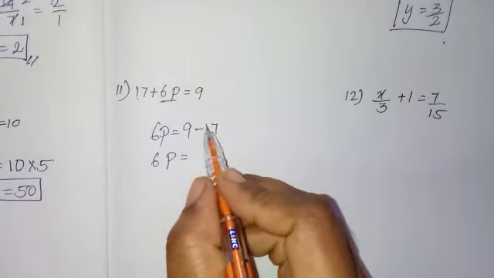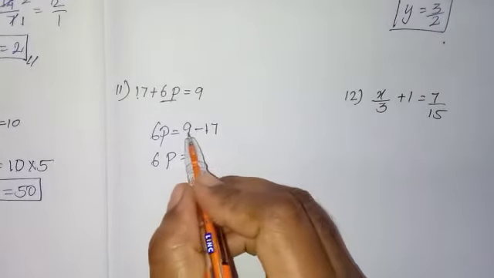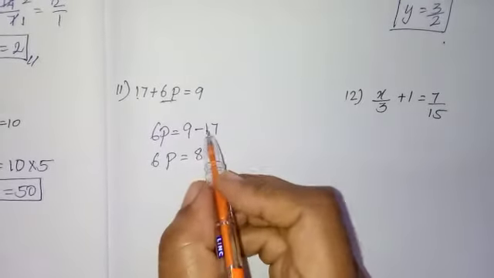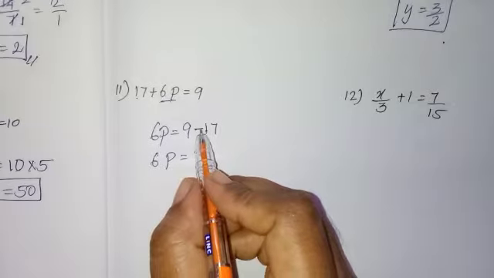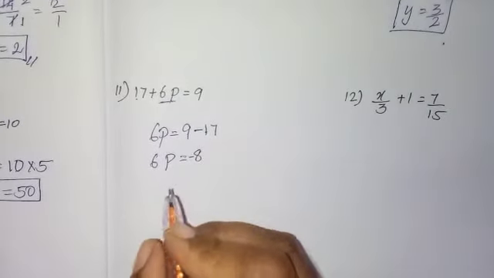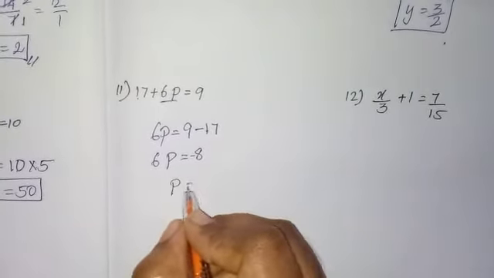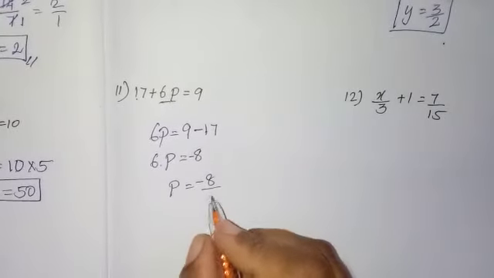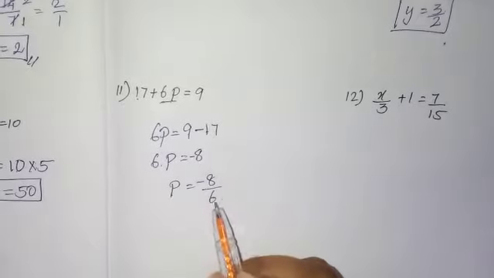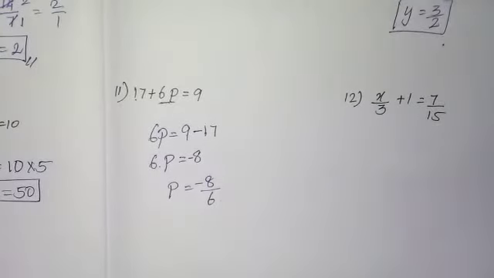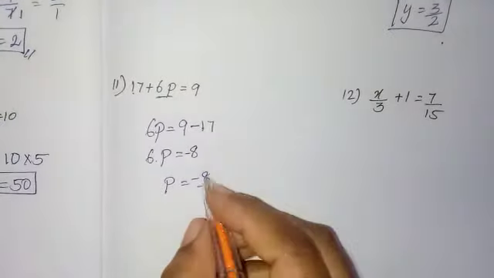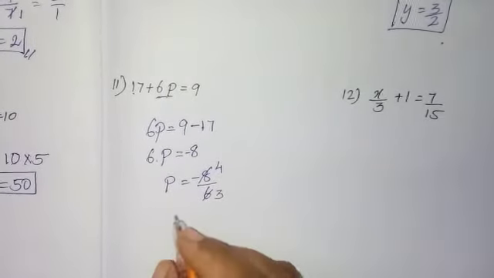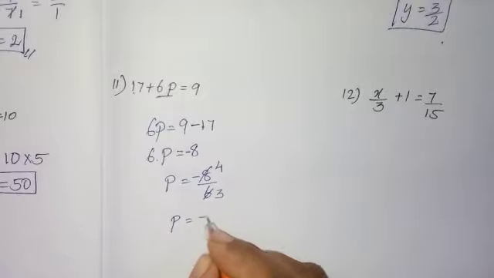If it is subtract, 10 minus 9 is 1, 1 plus 7 is 8. The greatest number's sign is minus, so you should use the minus sign. So p equals minus 8, it is multiplied, so it will come as divided. So 8 and 6, which table will cancel it? The 2 table. 4 2s are 8. 3 2s are 6. So p value is minus 4 by 3.